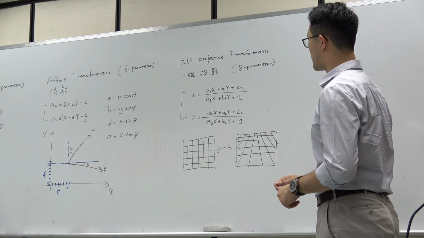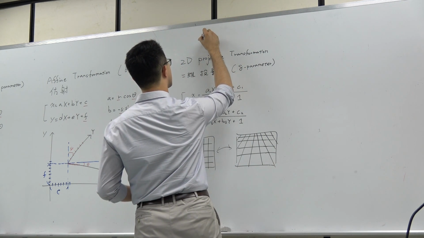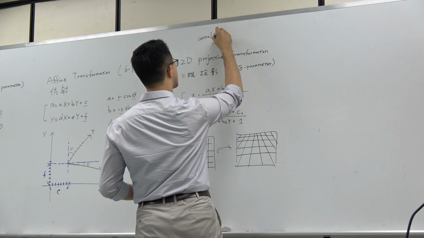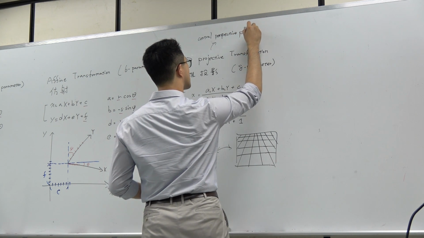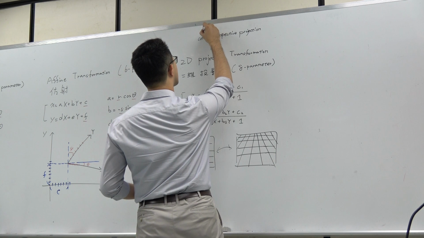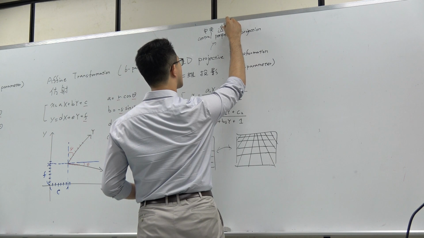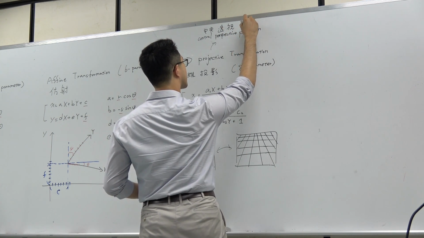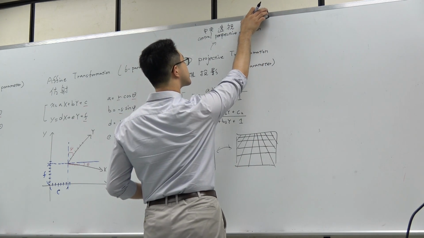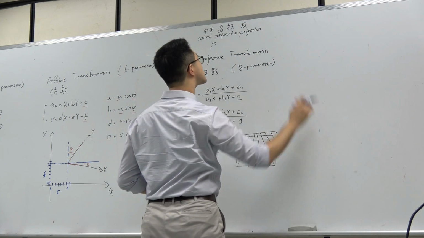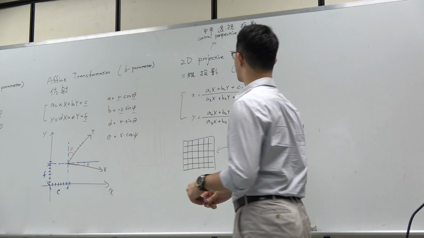And this is called the projective, which is called perspective, central perspective. Right, 中央透视投影, central perspective projection.